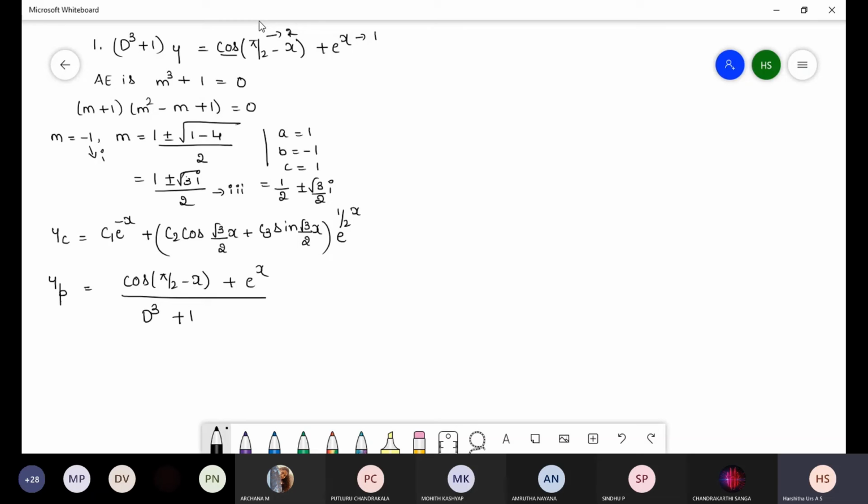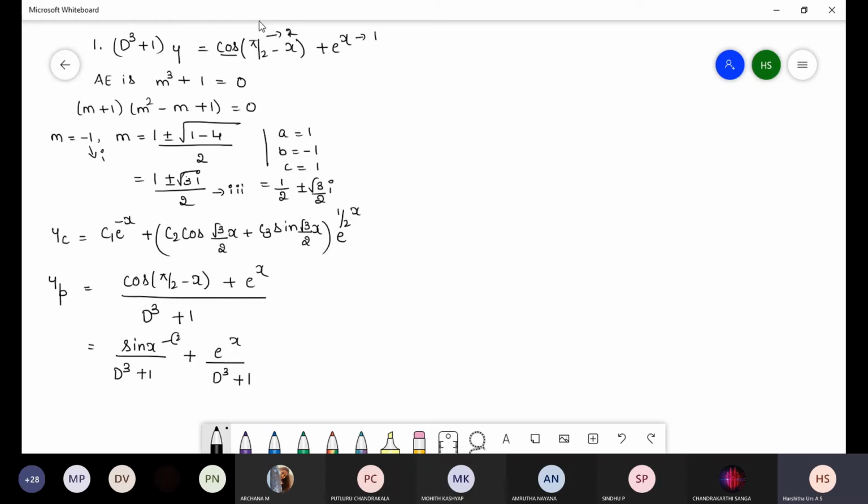So sin x divided by d cube plus 1, and here I write e power x divided by d cube plus 1.